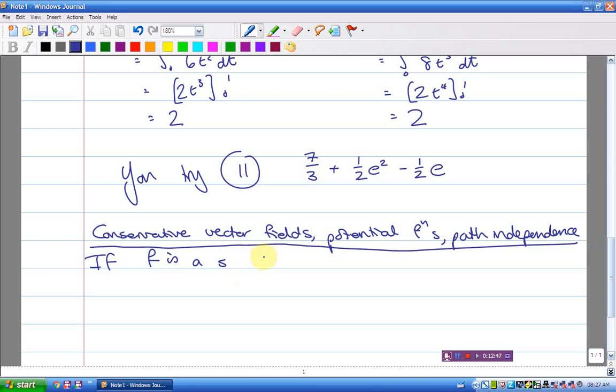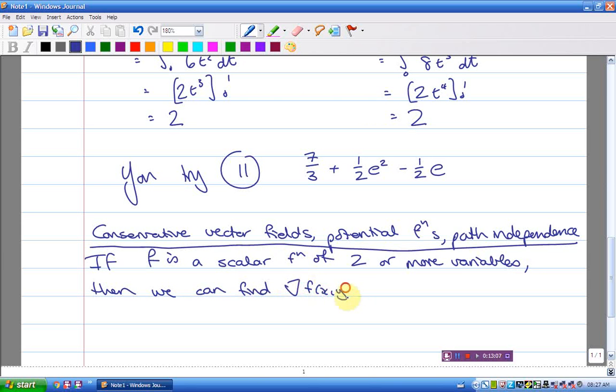If f is a scalar function of 2 or more variables, then we can find its gradient vector, however many variables it has.